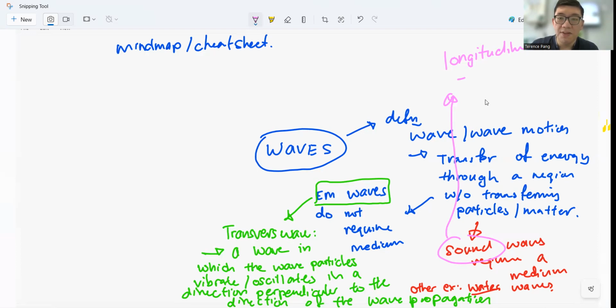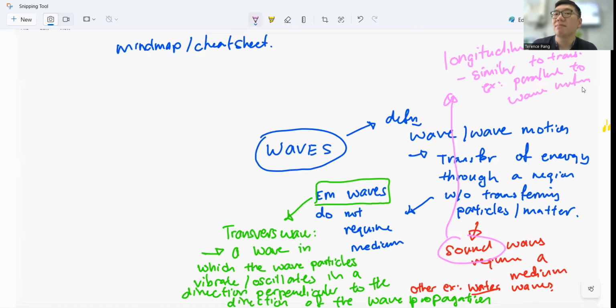So we don't have to go through everything. But what is the difference? So you could put here similar to transverse, except what? Parallel to wave motion.